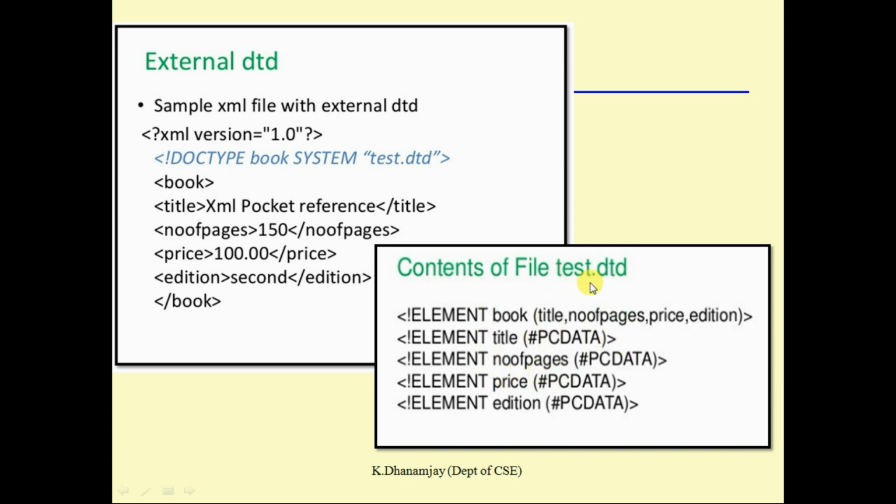The DTD file is called test.dtd. If you want to link that, then you have to refer to the doctype. The root element is book, and the system is on the computer itself, where I have my DTD file, so I am referring to it as test.dtd. You have to specify it using double quotation marks. So this will link your DTD file with your XML code.